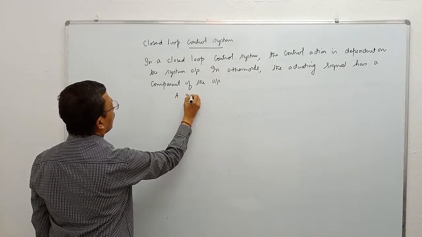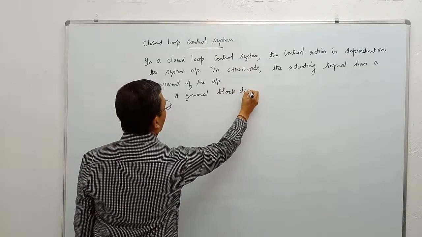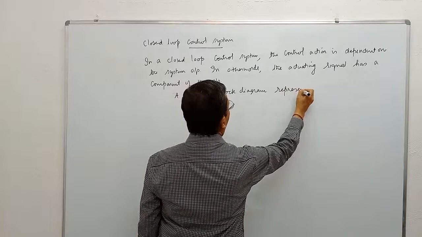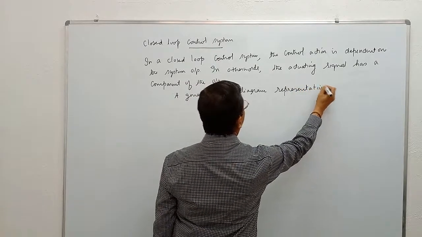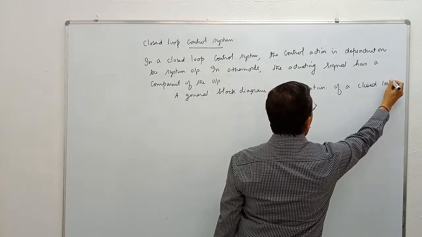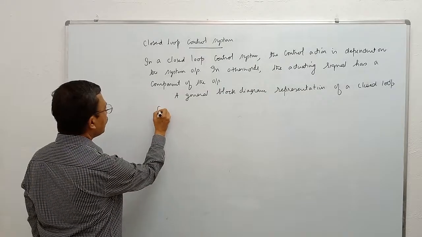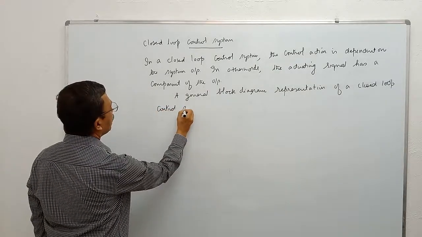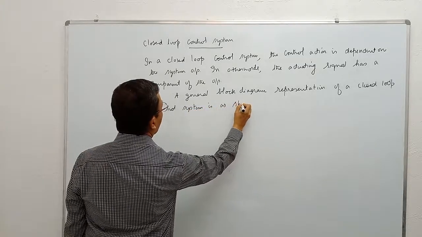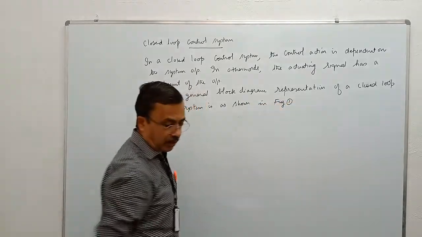A general block diagram representation of a closed loop control system is as shown in figure number 1.